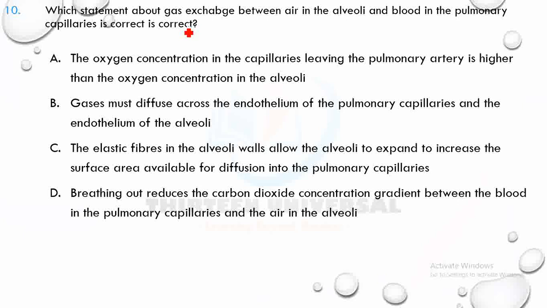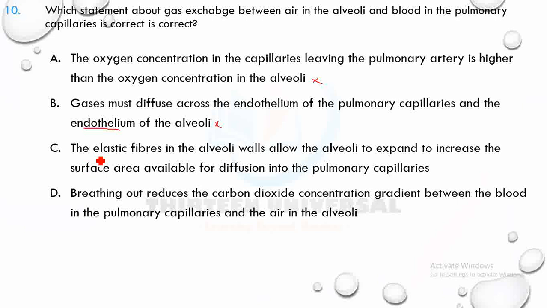A says the oxygen concentration in the capillaries leaving the pulmonary artery is higher than the oxygen concentration in the alveoli. No, alveoli also has higher concentration of oxygen. Gas must diffuse across the endothelium of pulmonary capillaries and the epithelium, not endothelium, epithelium of alveoli. Is that okay? Yes.